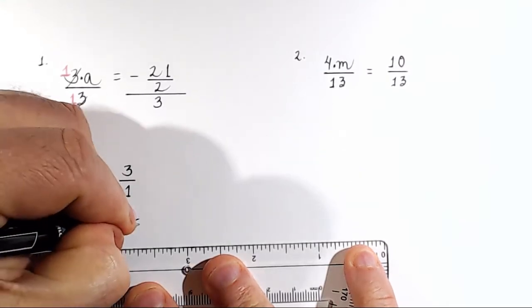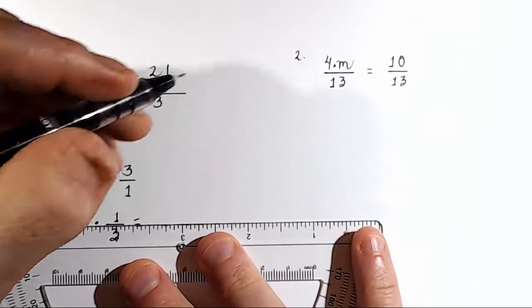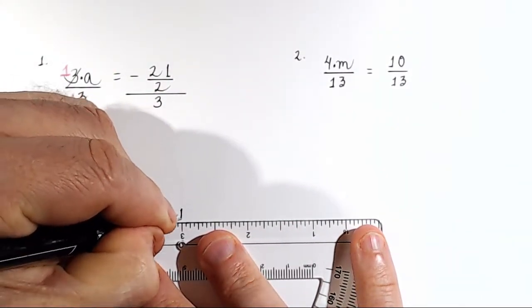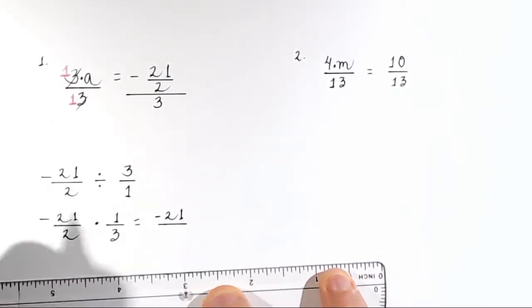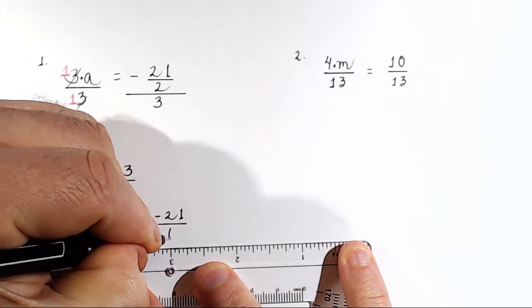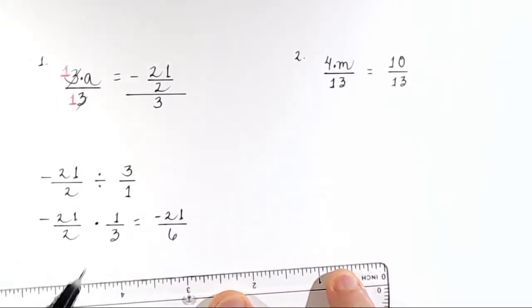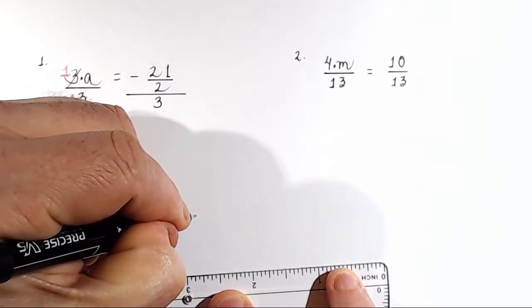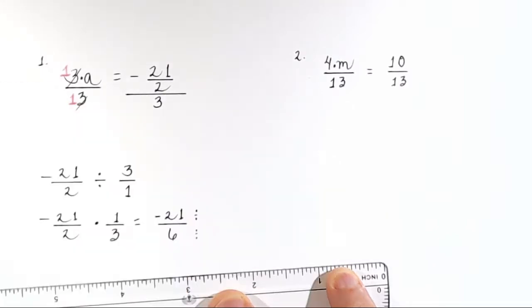Okay, let's see what that equals. Negative 21 times 1 is negative 21. Two times 3 is 6. This fraction can be further reduced by dividing both the top and the bottom by 3.